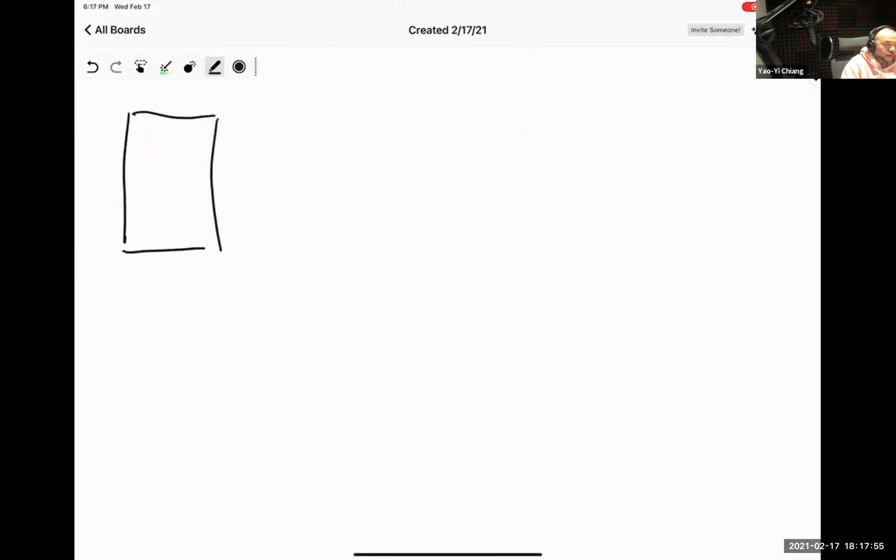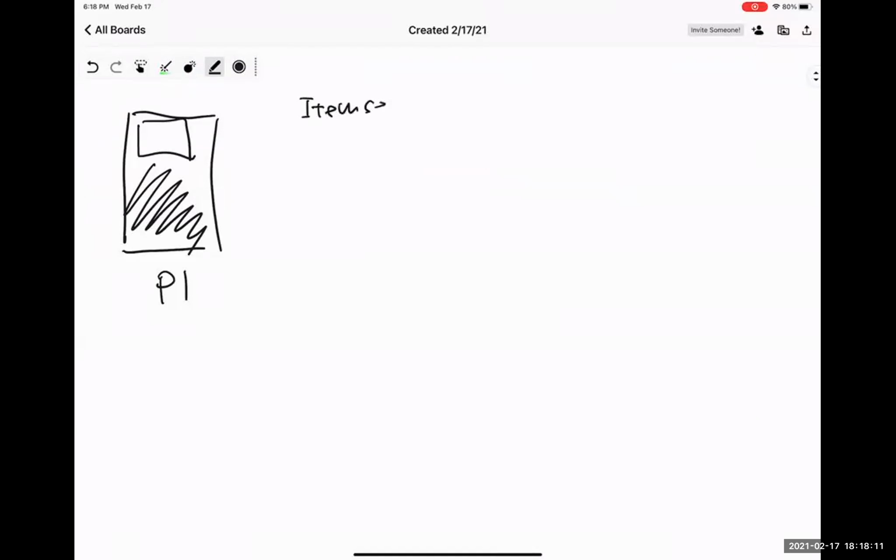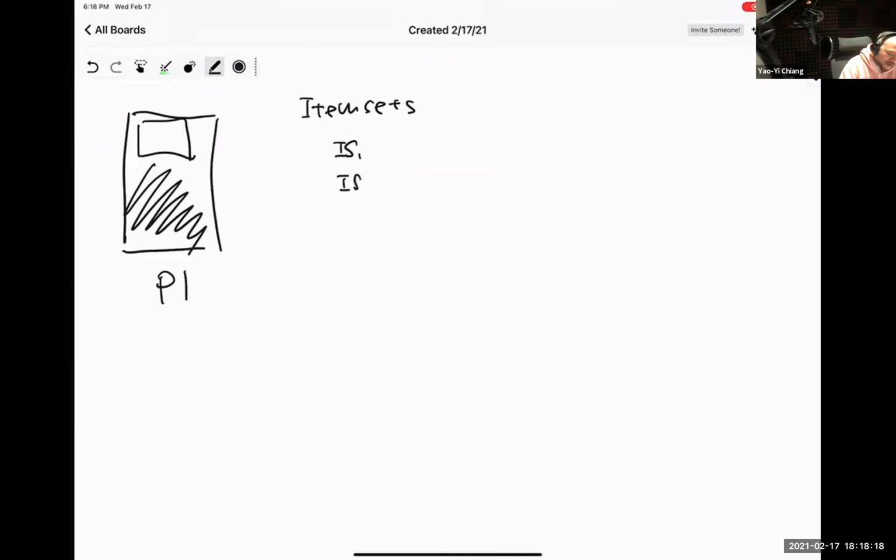If you run the algorithm, in pass one you take a small sample and run your Apriori, PCY, or any algorithm to find frequent itemsets, and you identify some frequent itemset candidates. Let's say you have IS1, IS2.